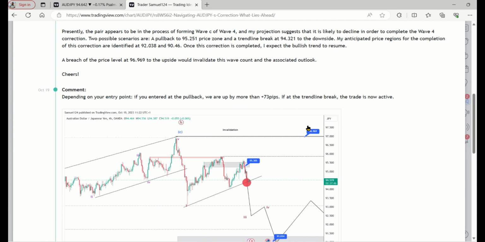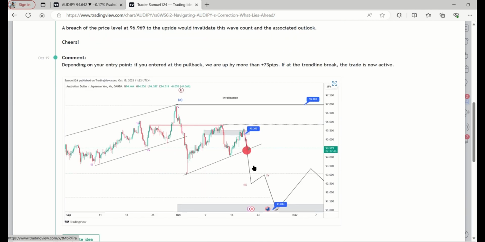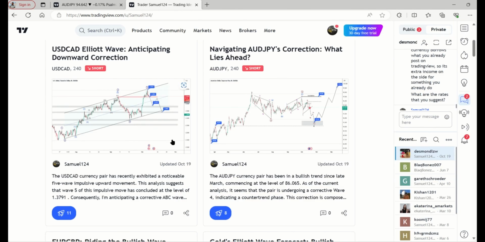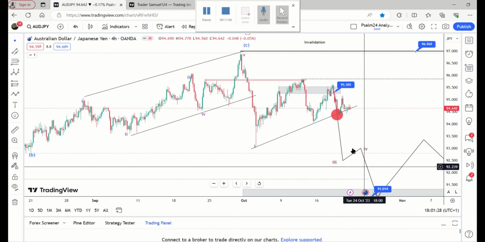So that has given us 73 pips. If at the trend line, then the trade is now active. So at this point, that was when this analysis was updated. All right, so we have 73. For those who may be in drawdown, it will be maybe like 5 pips drawdown for those that entered on the second entry point. So that is one of the analyses.